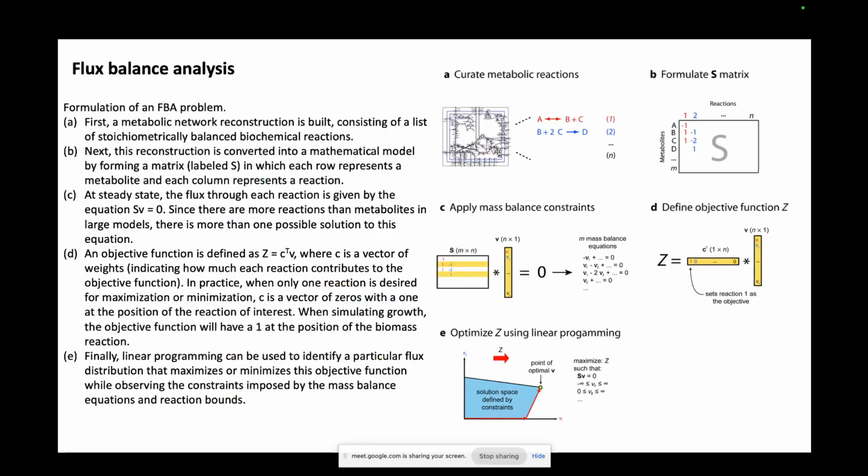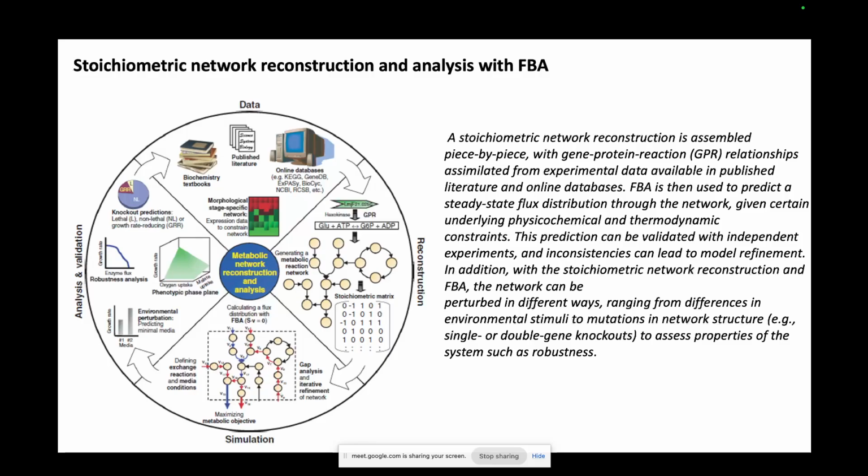So we talked about FBA, the idea of FBA and how FBA is applied across different conditions. Now if you want to use stoichiometric network reconstruction from FBA. So basically, a stoichiometric network reconstruction is assembled piece by piece with gene-protein reaction relationships assimilated from experimental data.